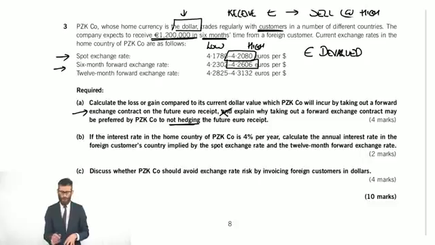We have been offered a guaranteed rate of 4.206 in 6 months' time. However, that is a risk, because if our customer doesn't give us the 1.2 million euros, we will have to buy them and then sell them back. The inflexibility of this forward exchange contract is why it is not liked, but it provides us with certainty.